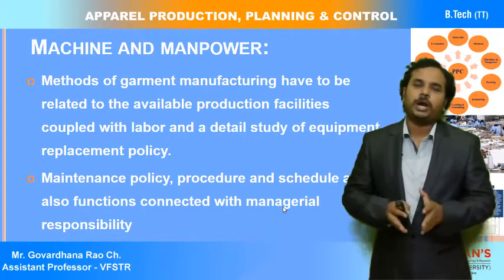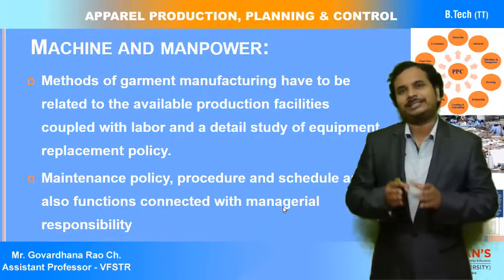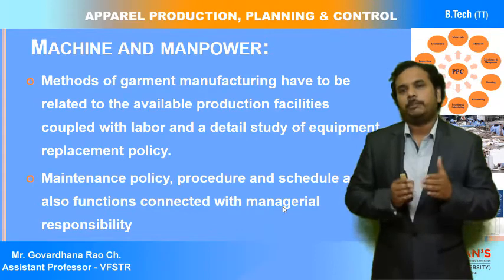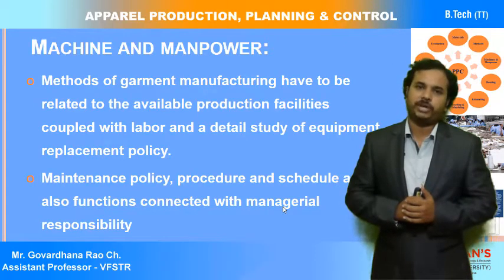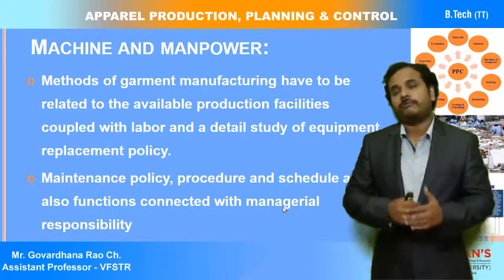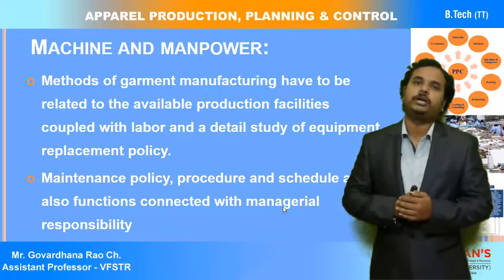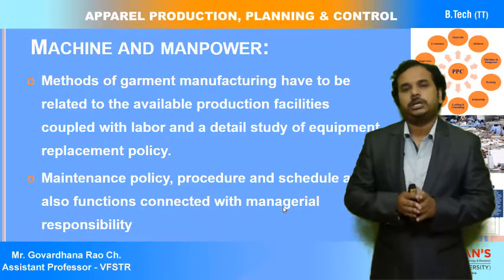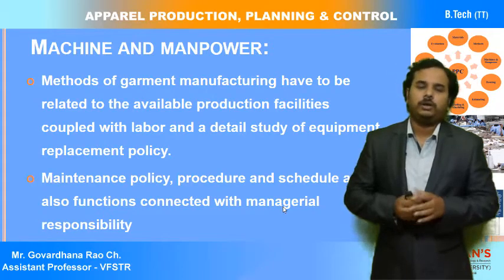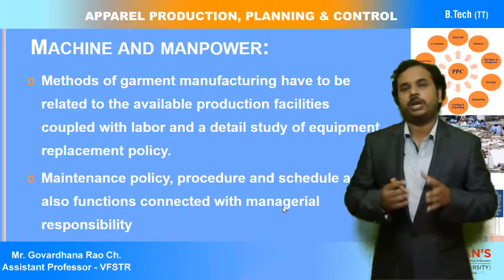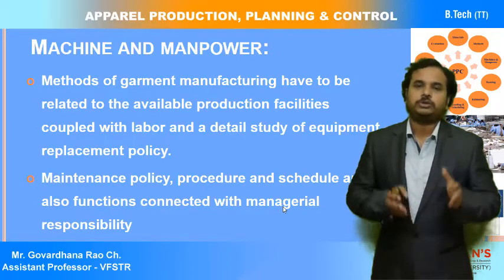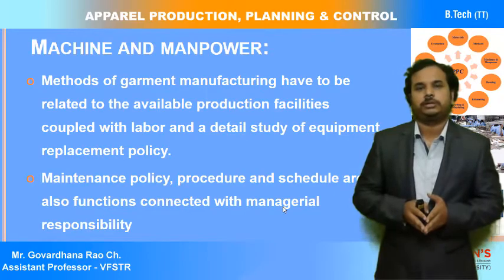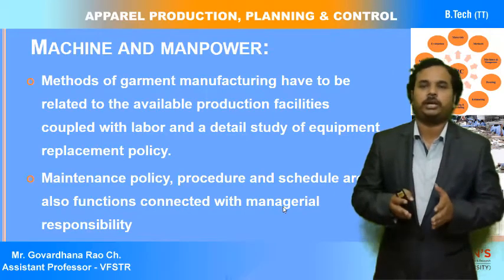We need to identify exactly what type of machine is required for producing the particular quality of garment, and how many workers or how much manpower is required to produce the garment without any interruptions. This is how machine and manpower are very important. Okay, so this is the third function in PPC, production planning and control.